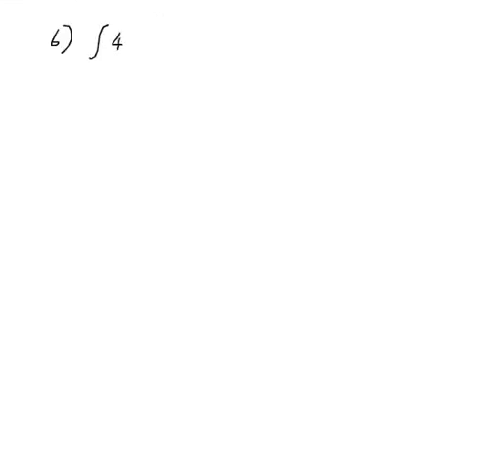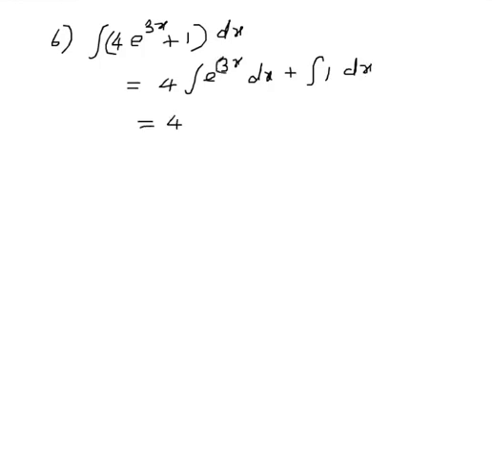Question 6. Integral 4 e power 3x plus 1 dx. Addition of two functions, so we can integrate each function separately. 4 is a constant, take it out, e power 3x dx and plus integral of 1 dx. 3x is a linear function, so the formula is applicable.